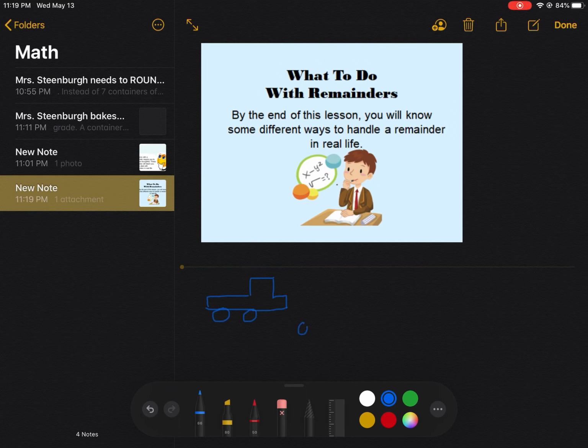And here is a little car. Okay, so let's say that Gabe and Liam have 5 little cars.